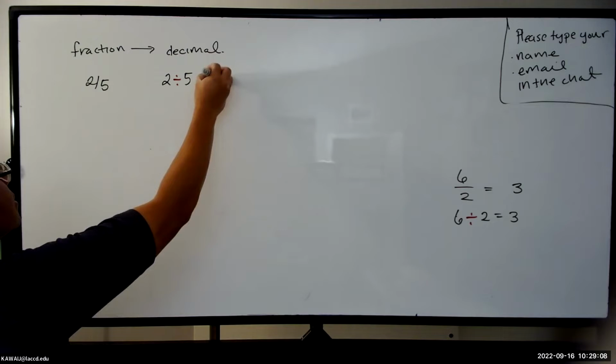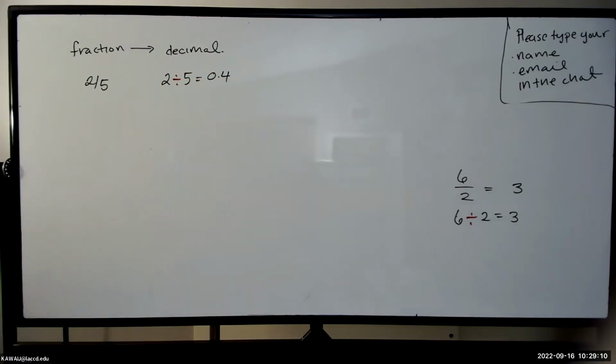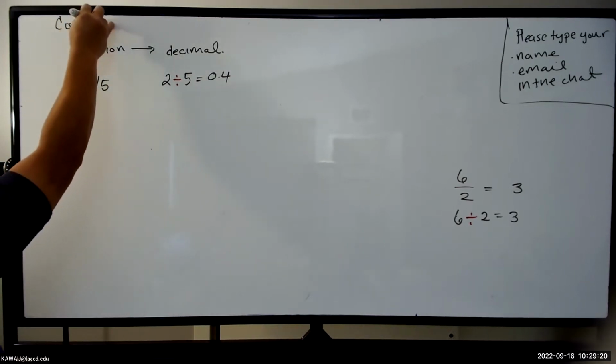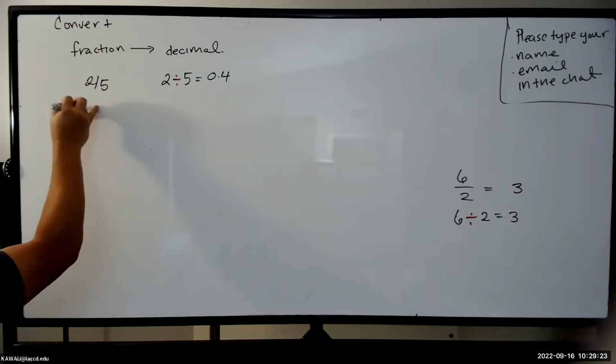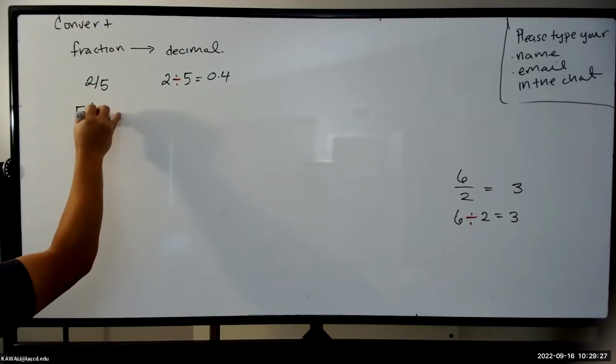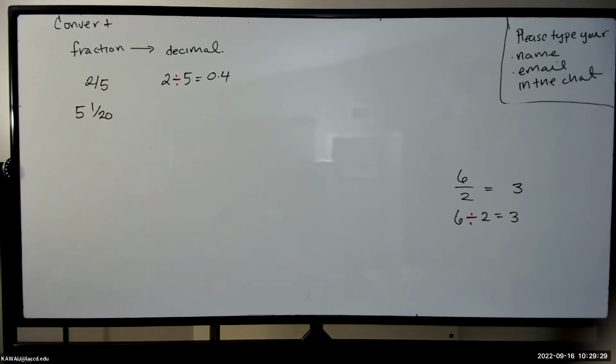So you get 0.4. Now, if you have a mixed number, you do the same thing.